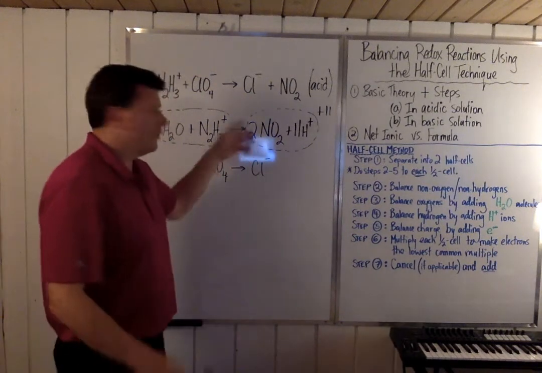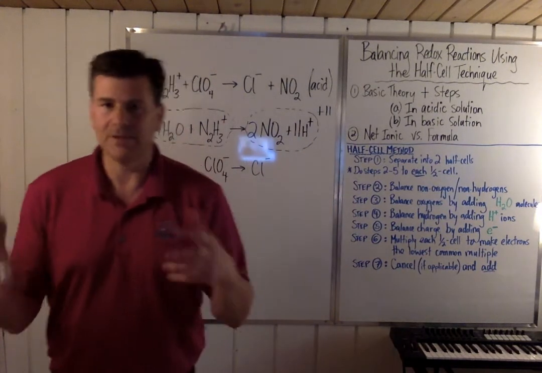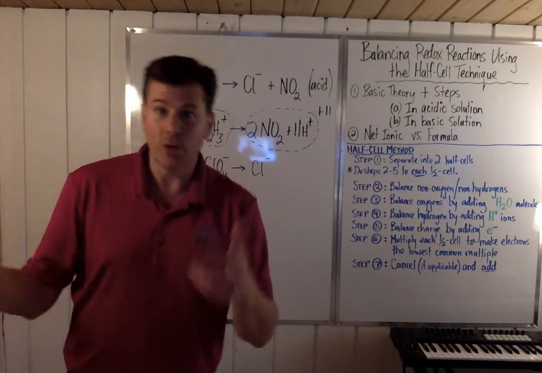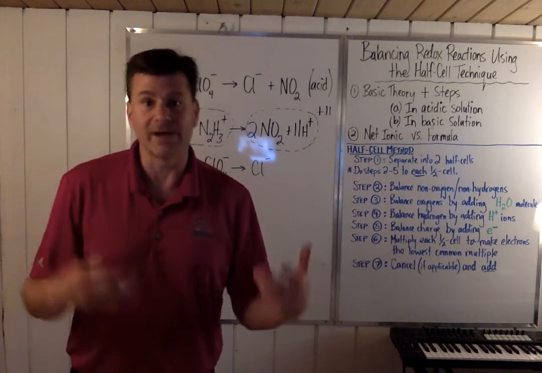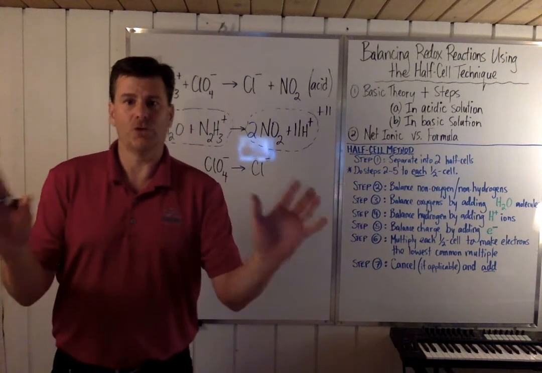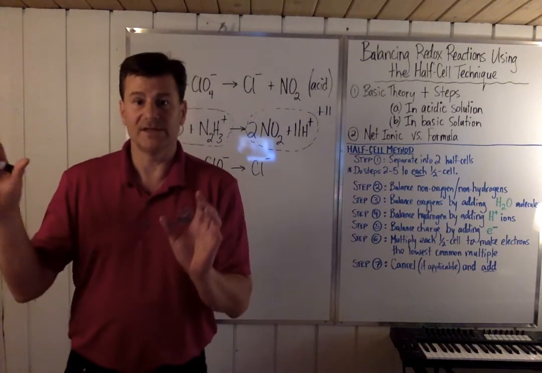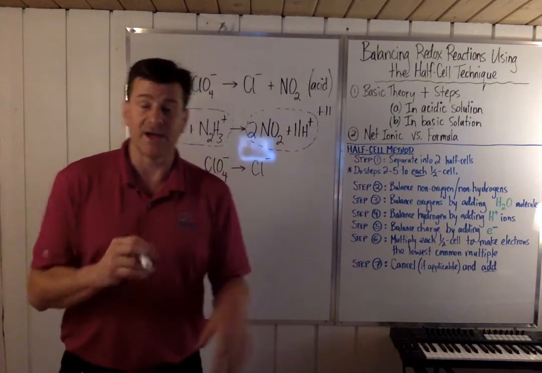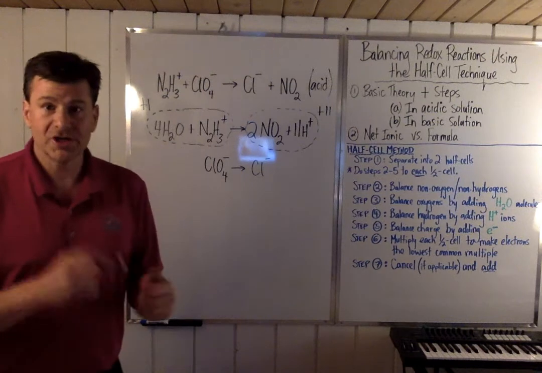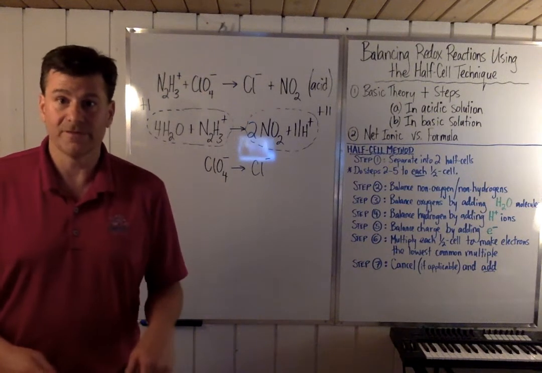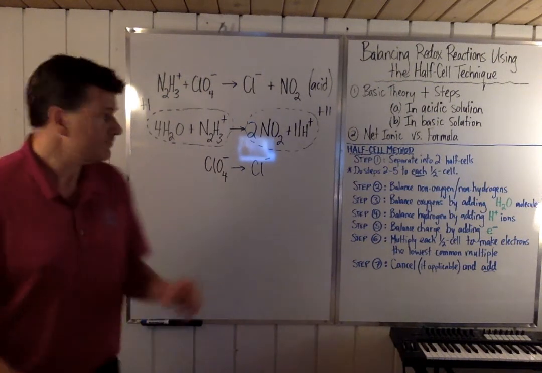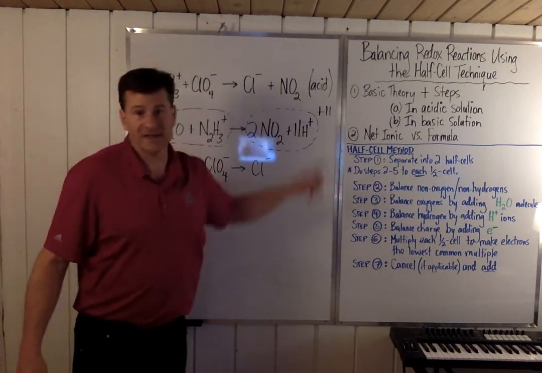You might have coefficients in front of things. It might be +3, and you've got 12 of them. Well, that would be +36, right? So you have to do the total math, and you're comparing the entire left side to the entire right side, which means charge has not been conserved in this half reaction. +1 here, it's +11 there.